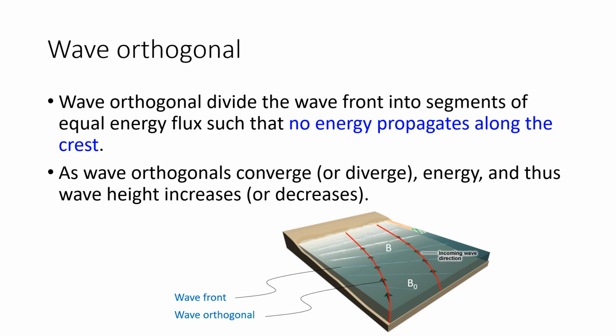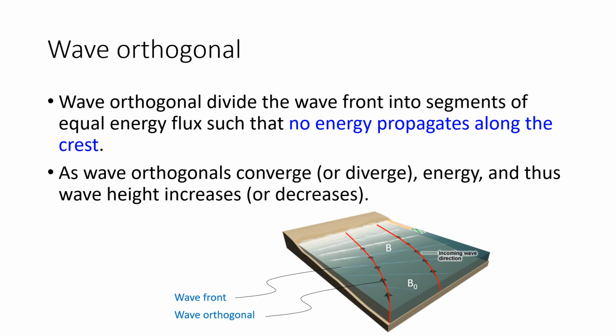The wave orthogonal is drawn typically in such a way that it divides the wavefront into segments of equal energy flux, such that no energy propagates along the crest. What does it mean? For example, here we draw this orthogonal, the red line, and we draw another orthogonal, another red line.